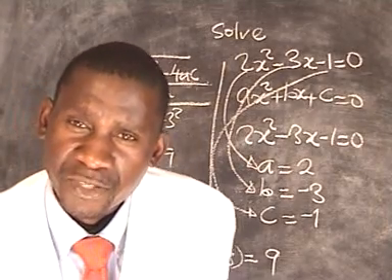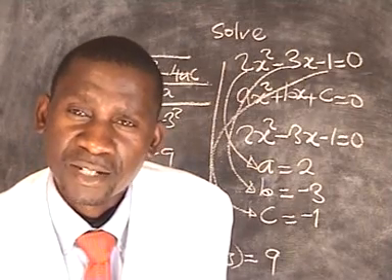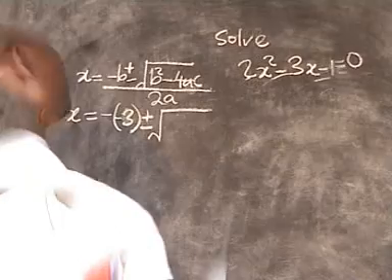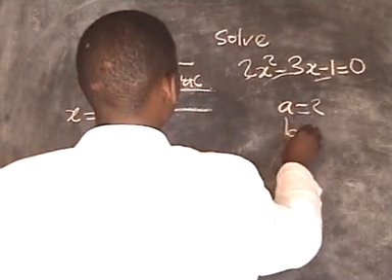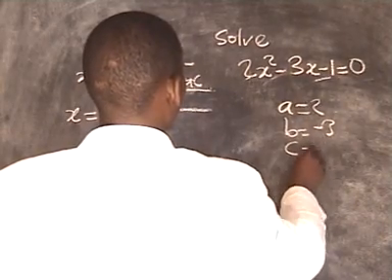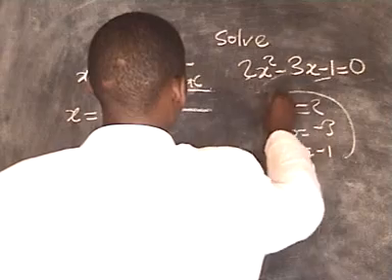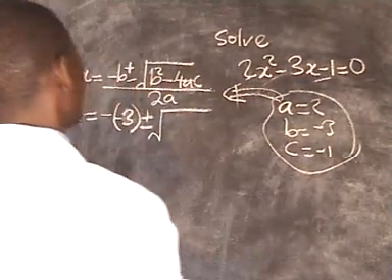And again, if you look at the way I'm handling the question, the way you present matters. I have obtained a to be 2, b to be negative 3, and c to be negative 1, which is what I'm substituting in that formula.